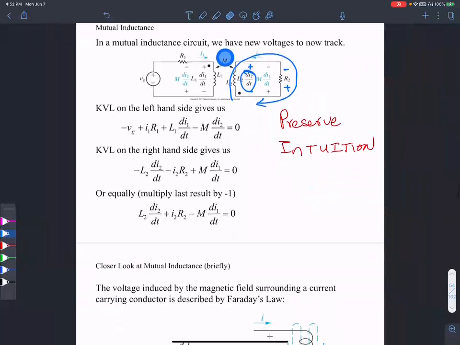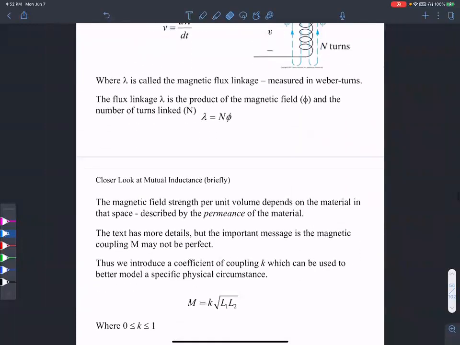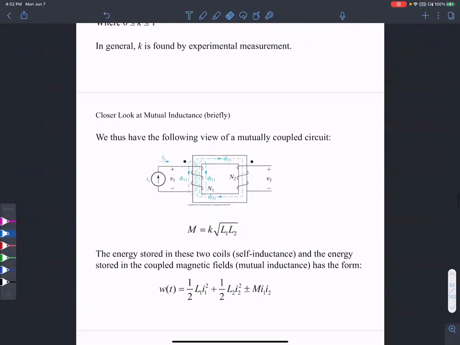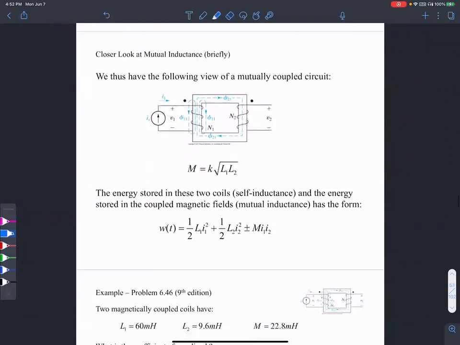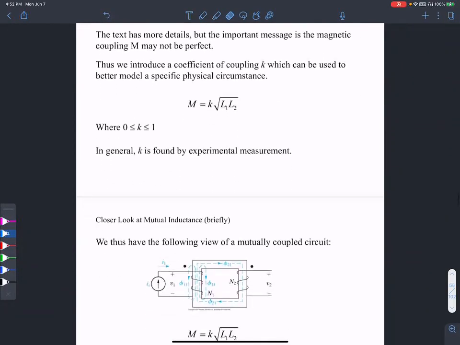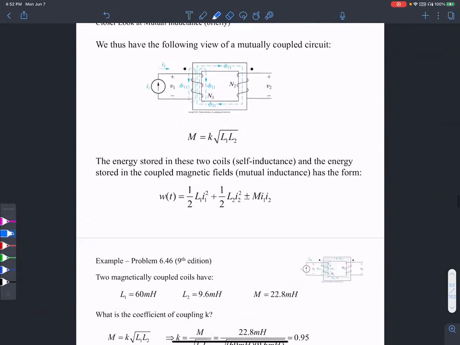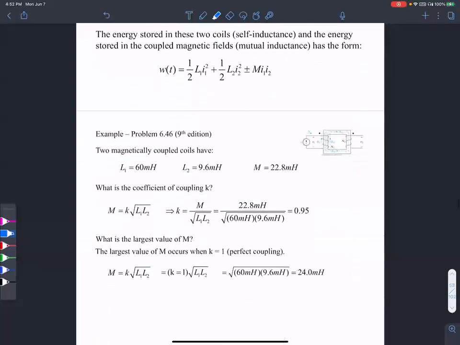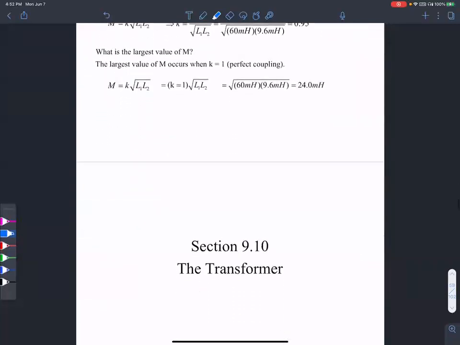So that's the idea of writing KCL and KVL. Don't get too lost in these equations and all of these nitty-gritty details. Just pick up what you need. What is essential to preserve is the intuition, which is what you will hold on to.